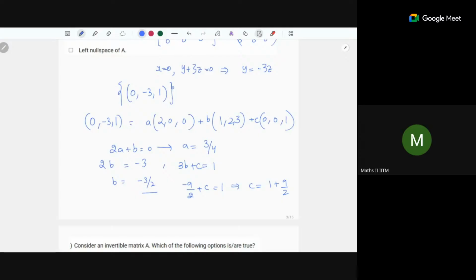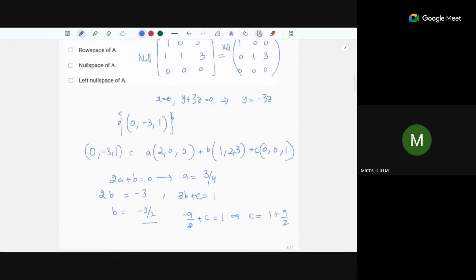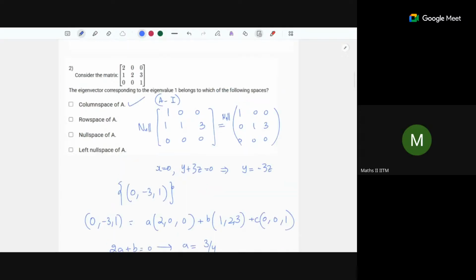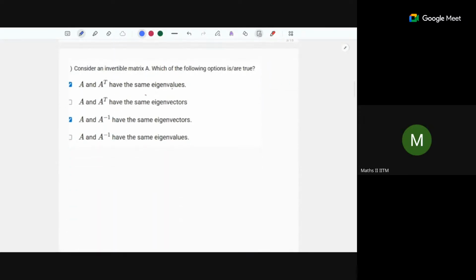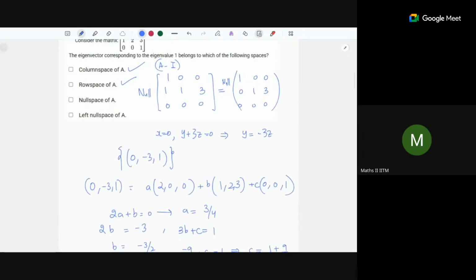So that means it has a non-trivial solution. So you can express the eigenvector in terms of the row space also. So the eigenvector also belongs to the row space. All right. Yeah, clearly it does not belong to the null space of A and left null space, because null space means what?